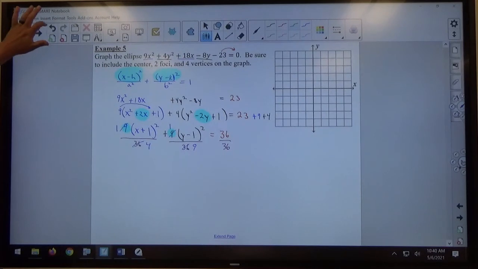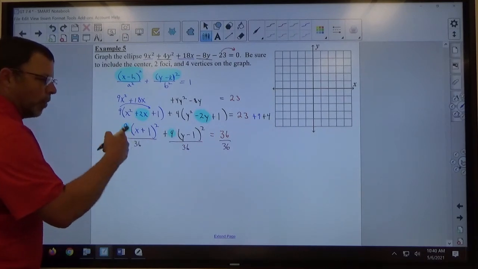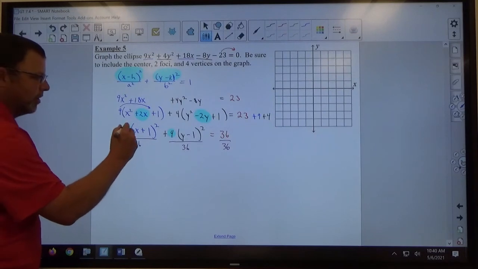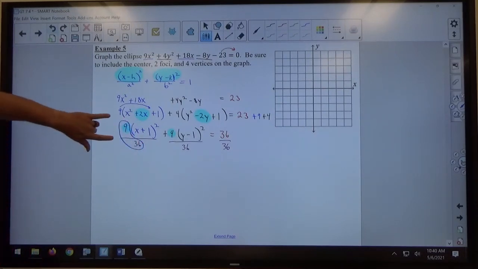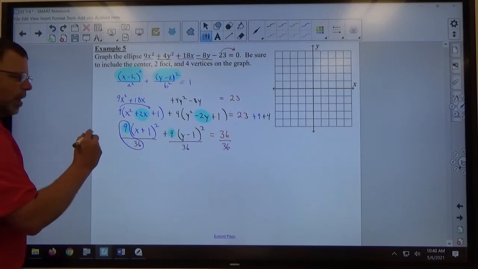Okay? If that didn't happen, just in case, it's going to happen on the worksheet because I made them up myself to make sure they did happen, but I can't guarantee the book problems are going to be like that when I assign book problems. So the other possibility is if they don't reduce. Let's say this said 7 over 36 instead of 9 over 36. Whatever that fraction is, 9 over 36, just flip it. So what's 9 over 36 flipped? 36 over 9.